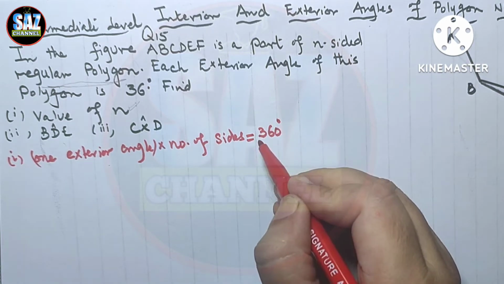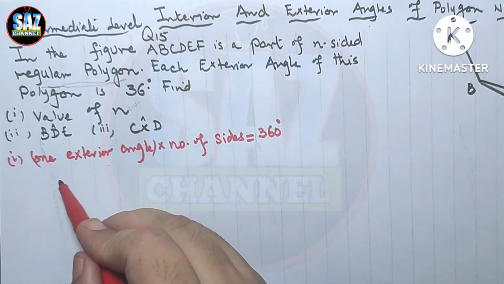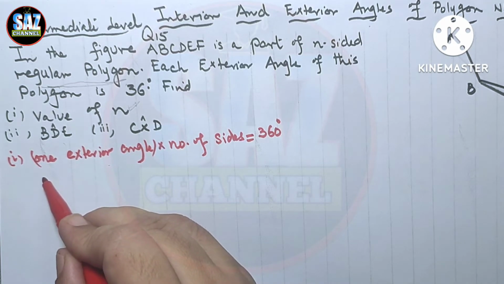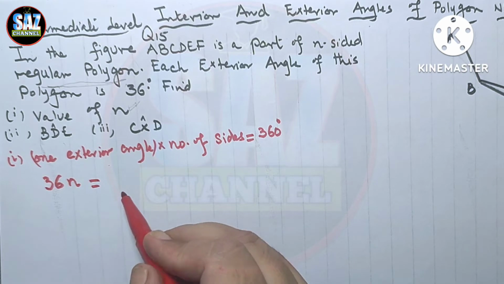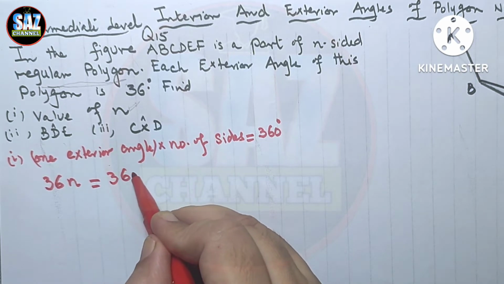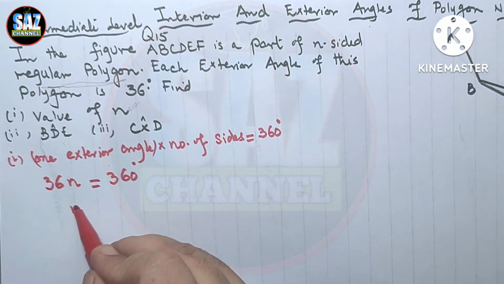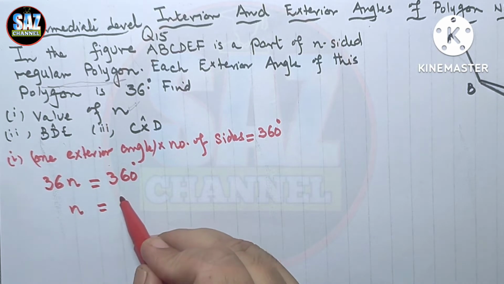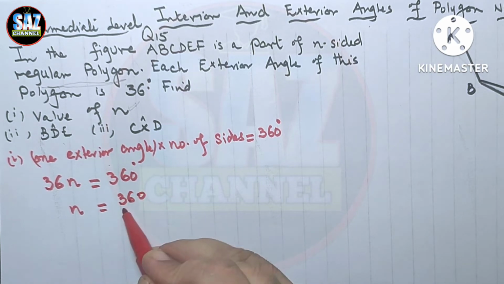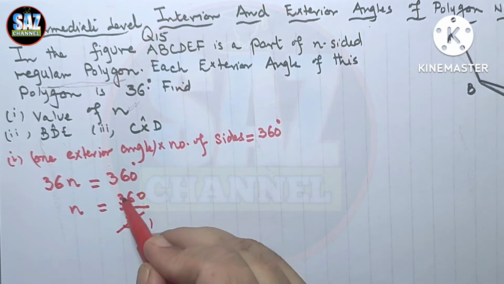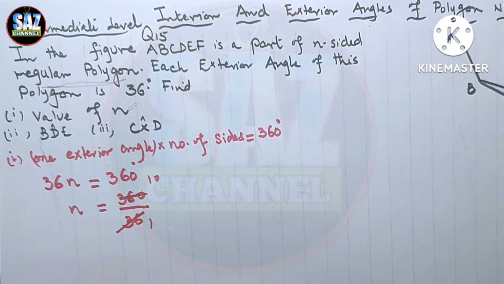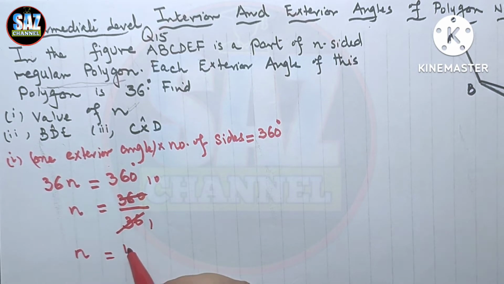One exterior angle has the value 36 degrees multiplied by n, which is the number of sides, which is equal to 360 degrees. In order to get the value of n, 360 divided by 36, 36 ones are 36 and zeros are zeros. So n, the first requirement of the question, is n equals 10, the number of sides.